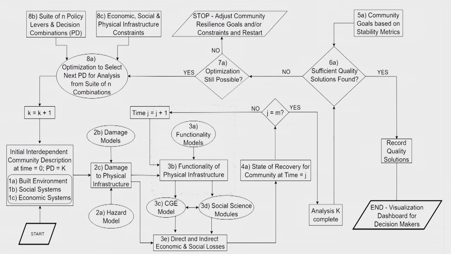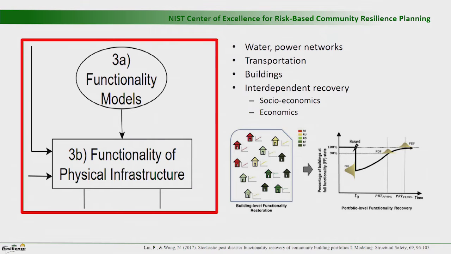So then from damage, we move into the functionality module. Now the focus is on all functionality, but in this case, until we get to the socioeconomic systems in a moment, the functionality described here is the physical systems that support the socioeconomic infrastructure.